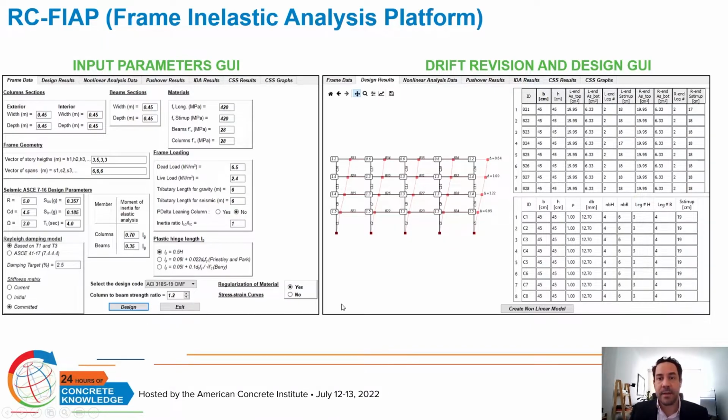After the design is performed by the platform, the drift revision and design GUI appears, and you can check if the drift limits are compliant with the expectation.